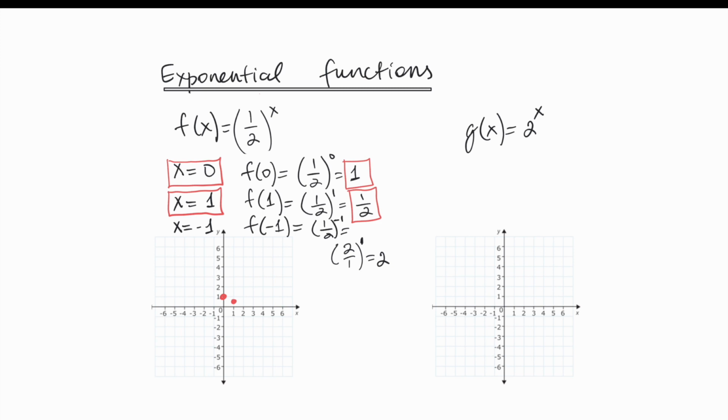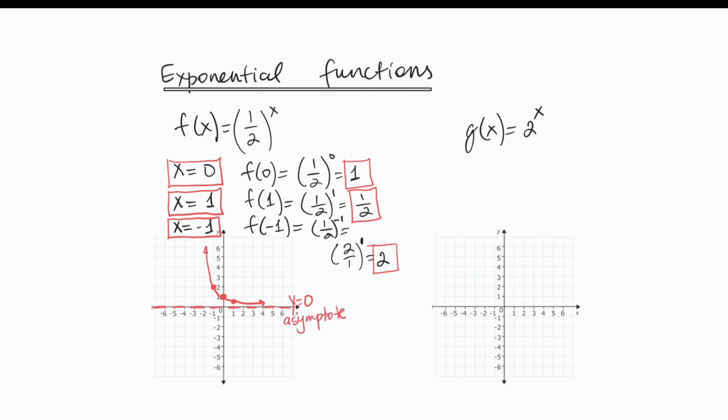So the third point that I have is negative 1 for the x and 2 for the y. So here we go, we're connecting them. Make sure you do not cross the x-axis, because the x-axis for this function here is the asymptote. So y equals 0 is the asymptote.